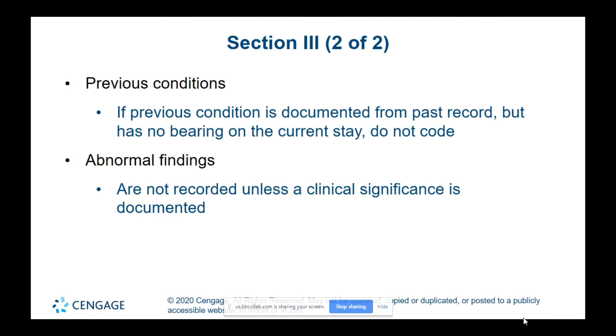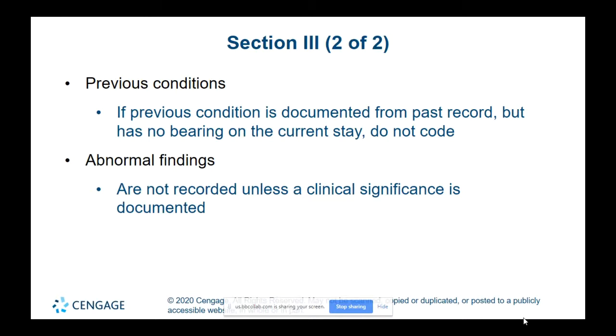Say they were a previous alcoholic and they slipped on a wet floor and they broke their ankle. Even if the physician documented the previous alcoholism, it has no bearing on the fact that they slipped and fell and broke their ankle. In that instance, you wouldn't code it. You do have to read everything to see this, so you wouldn't add that in there.